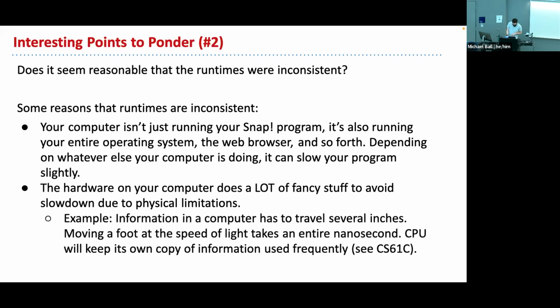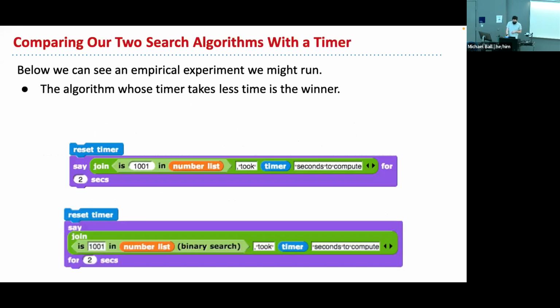So for the most part, we don't have to consider that. If you take 61C, you actually get into the math of how computers store and organize information, and the speed at which they can copy information back and forth, and how that affects things. There's a lot more detail that could be covered here.